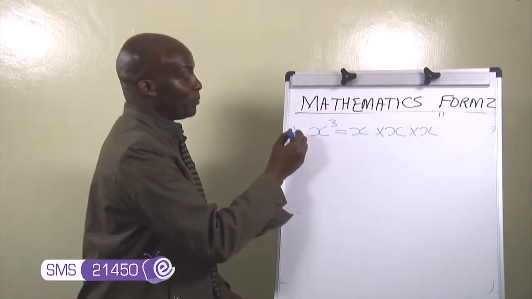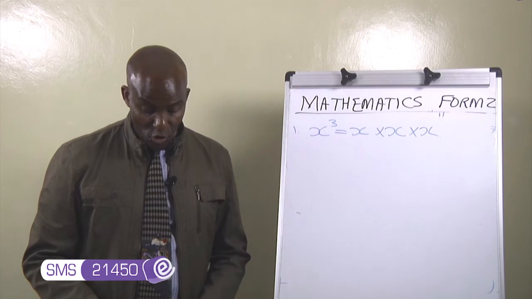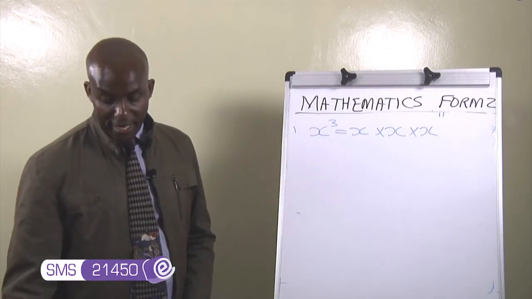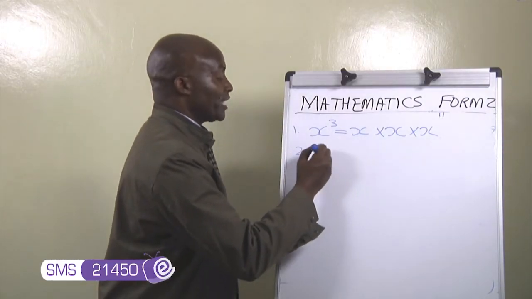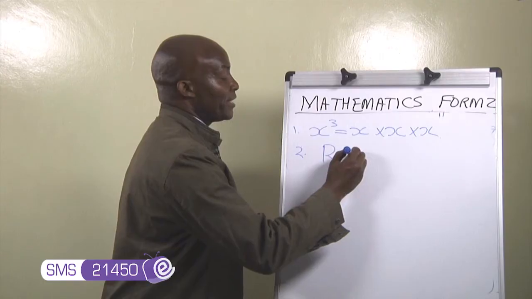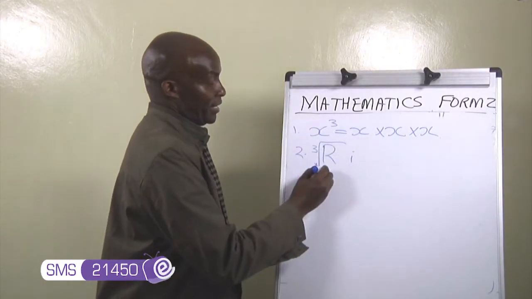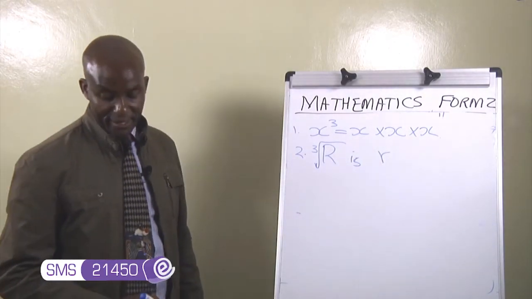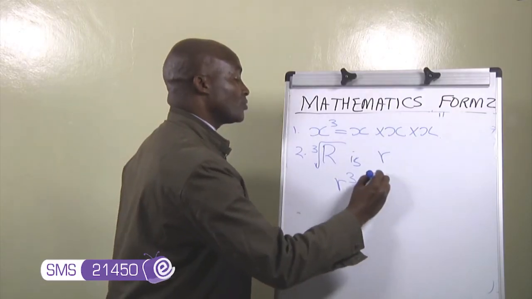That is the first point. The second point is that the cube root of a number r, for example, is the number whose cube is r.